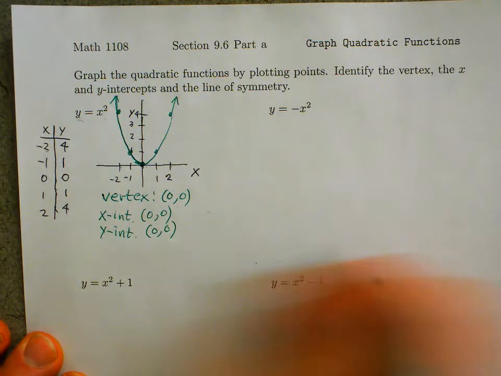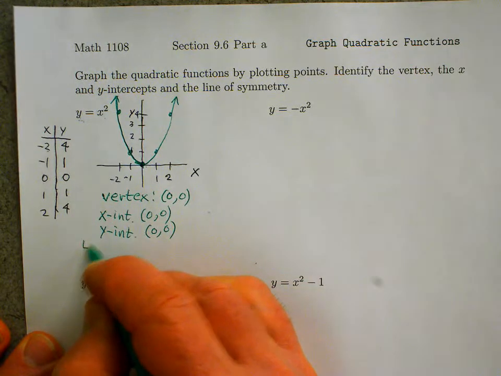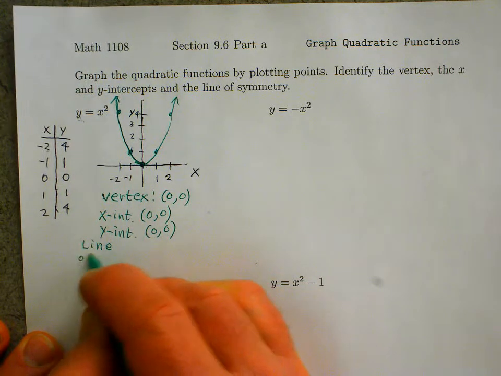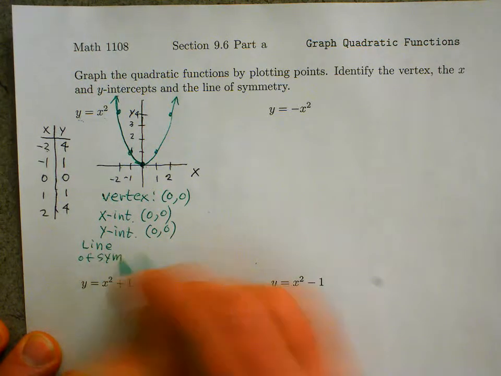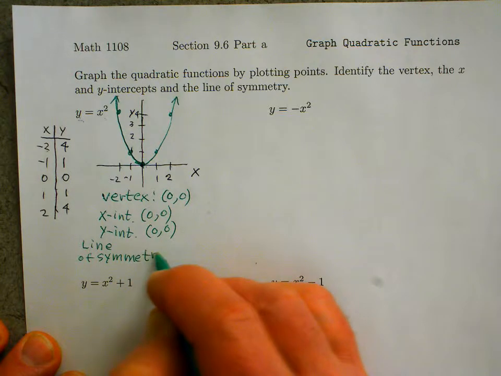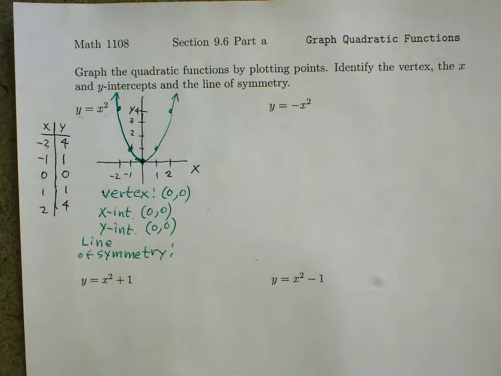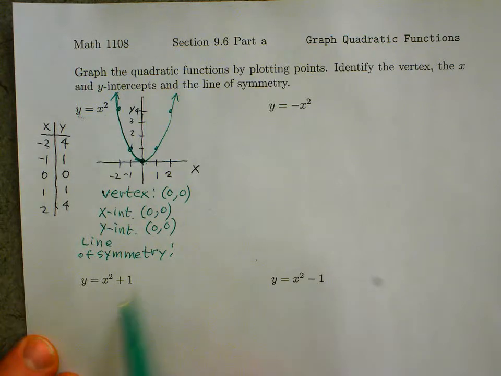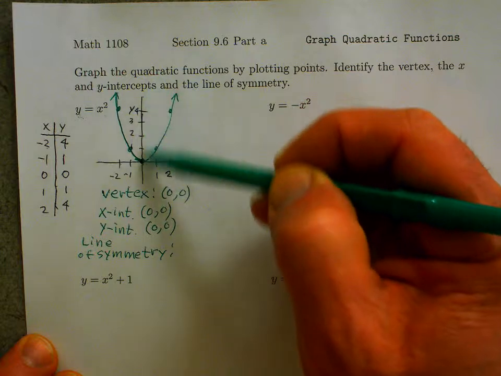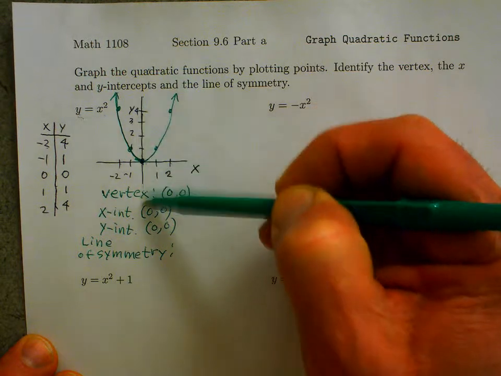And the vertical line of symmetry. What's the equation for the vertical line of symmetry? So the line of symmetry is an equation. It's not just a number. The vertical line of symmetry is the line that passes through the vertex.